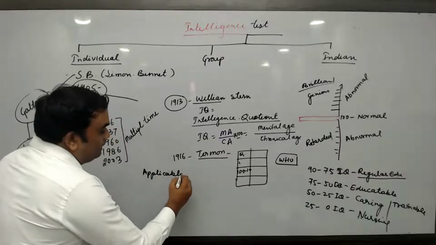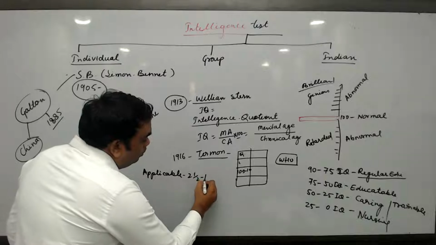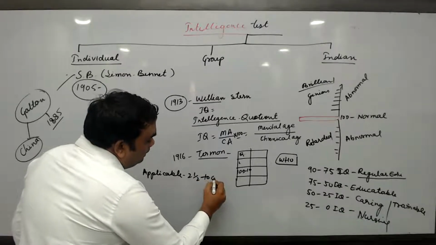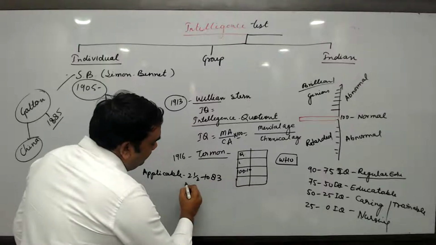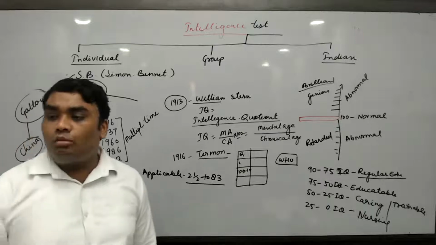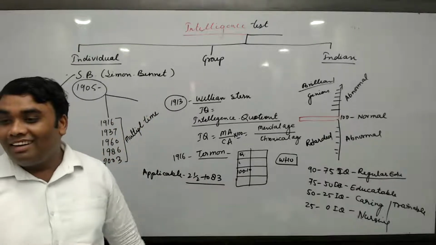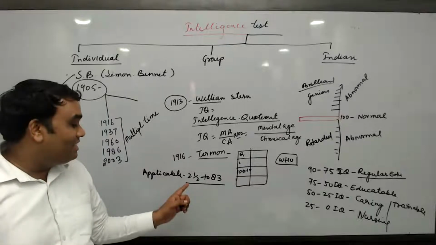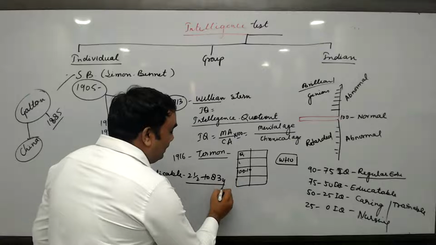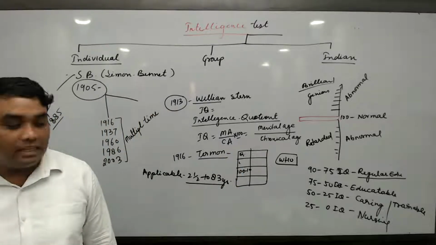This test is applicable from at least 2.5 years to around 82 or 83 years of age. This test is applicable from 2 years to 83 years of a person. This test is very widely applicable.